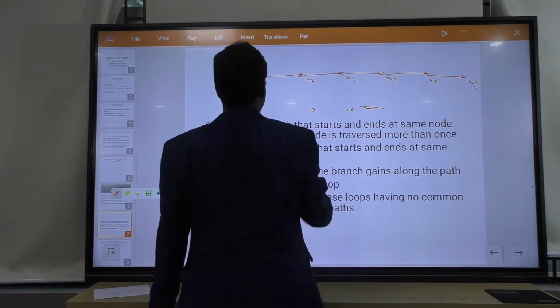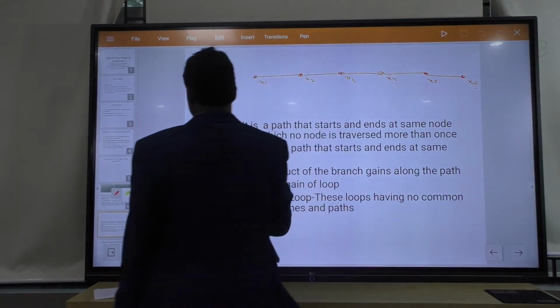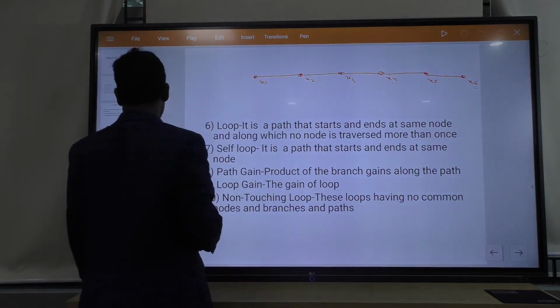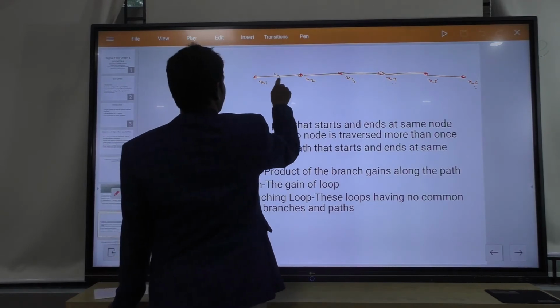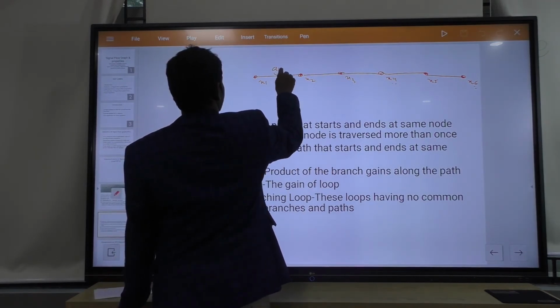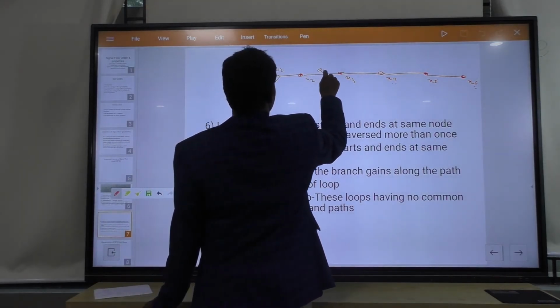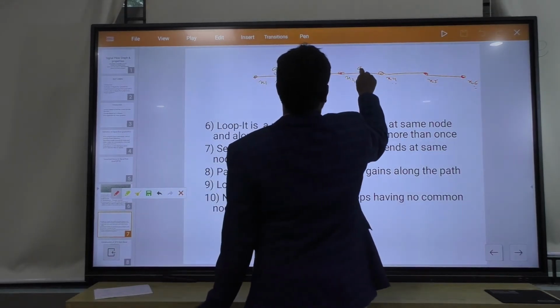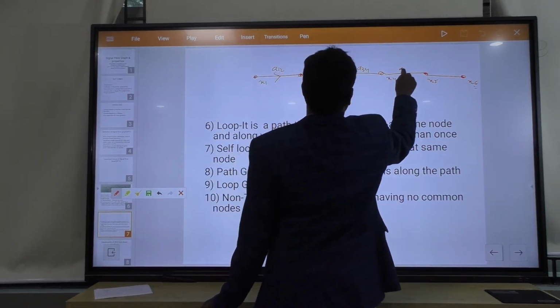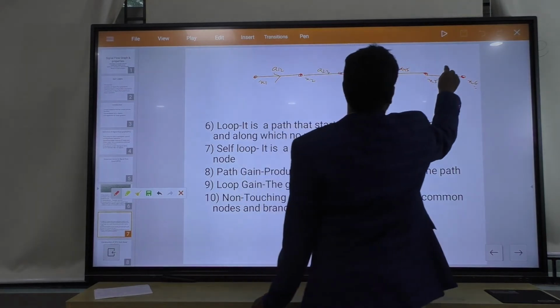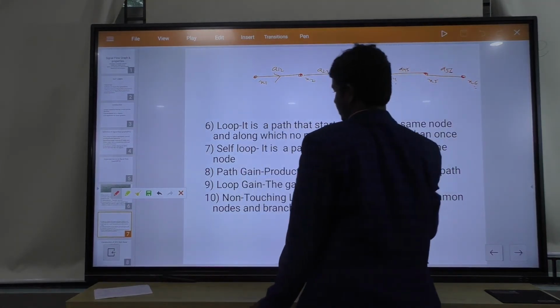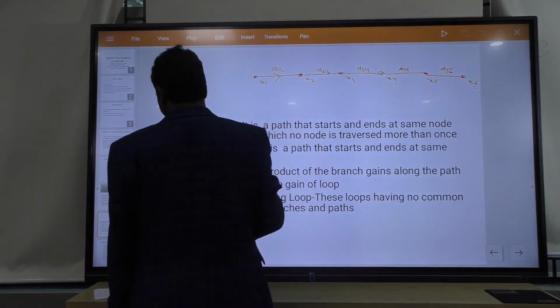Students, I draw the picture again here. The transmittances are 1 to 2, 2 to 3, 3 to 4, 4 to 5, 5 to 6, and there is one self loop.